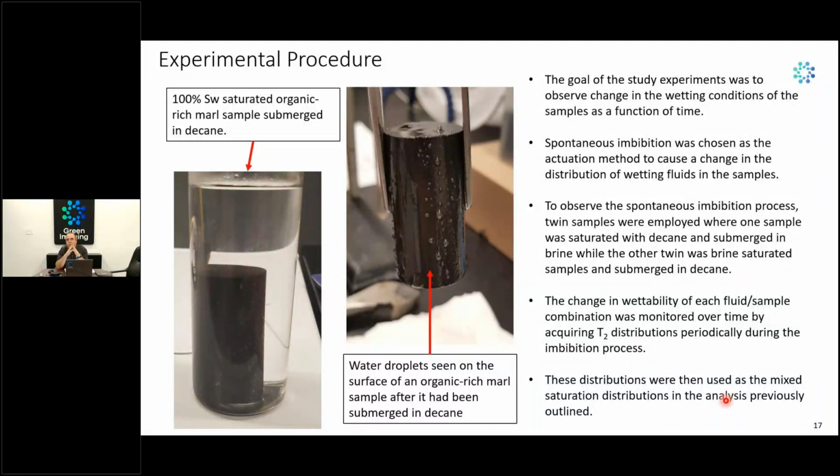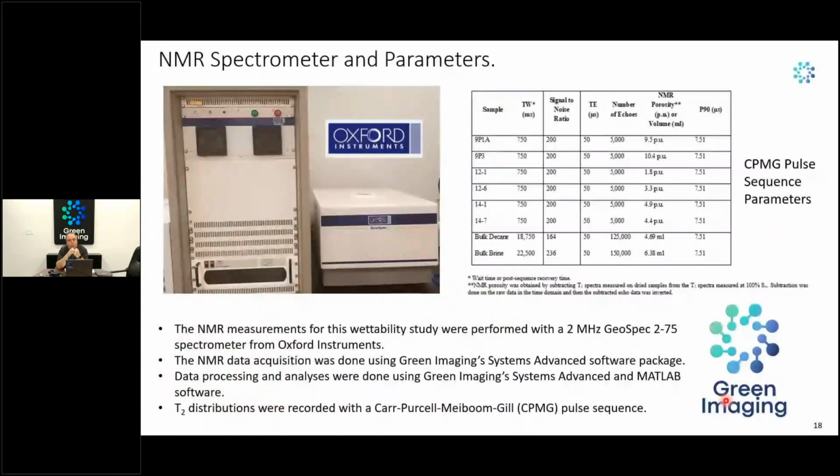And as you'll see, these experiments went on for sometimes months at a time, and that's going to become clear in just a second. So just briefly, a summary of our NMR spectrometer and the parameters.